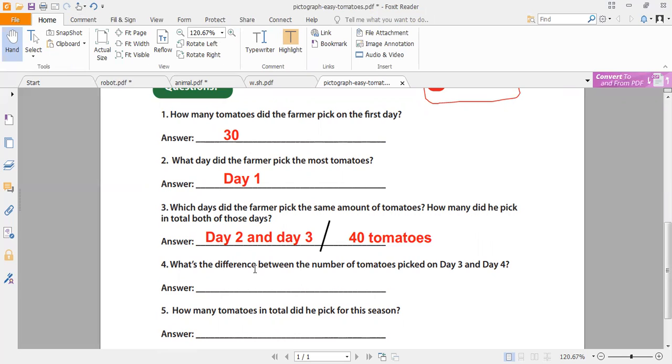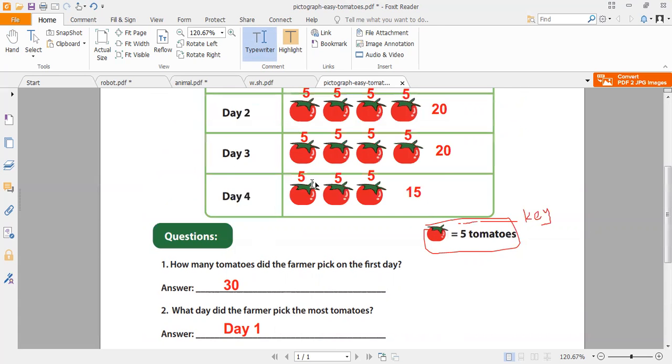Question number 4. What's the difference between the number of tomatoes picked on day 3 and day 4? The difference, do you know what's the meaning of the difference? Yeah, the difference means you will use subtraction, the minus sign.